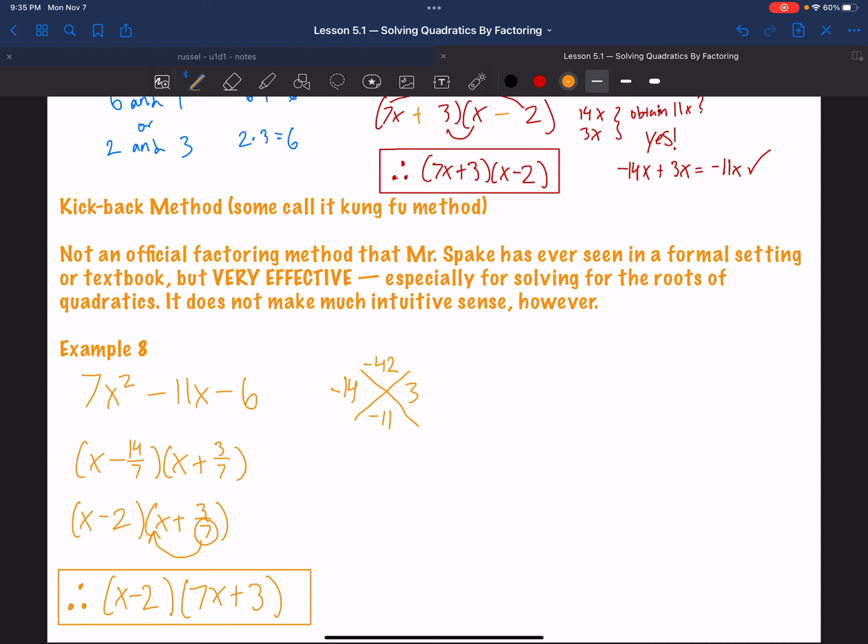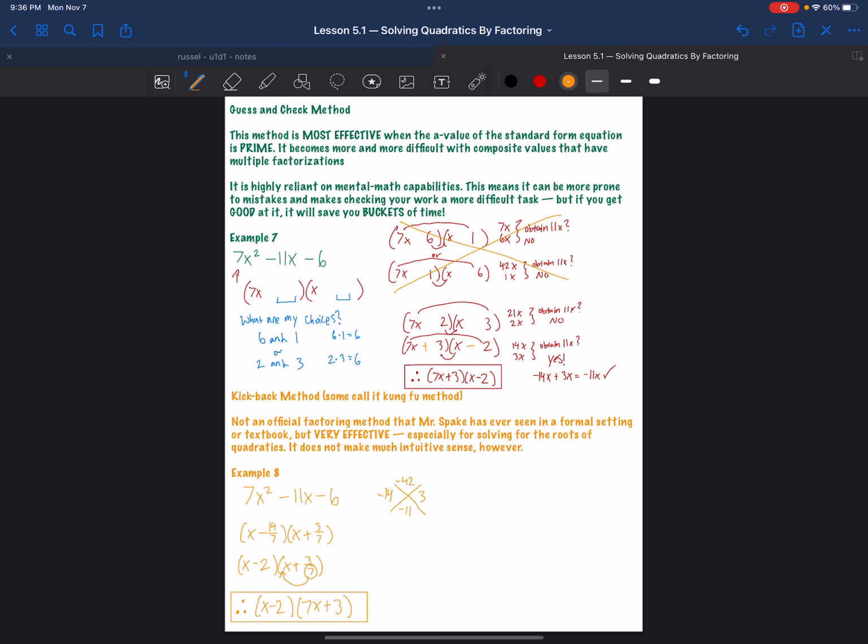We do love it. But be cautious, because it's not the end-all be-all. It's really not the best method for factoring in general. It's a sort of specific method for quadratics that's very useful. Okay? We'll see this again when we talk about higher order polynomials, but for now, these are our factoring methods.